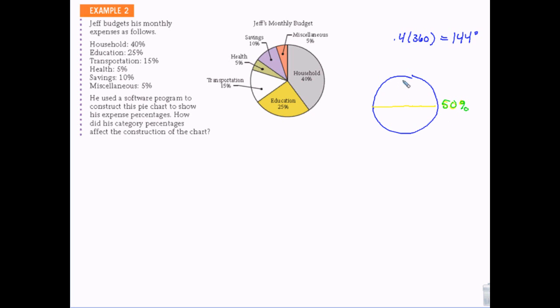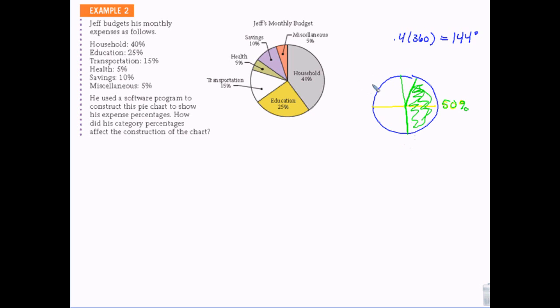And then this line right here, each of these sections is going to be 25%. Okay. 40% is going to be more than 25 but less than 50. So, here-ish would be about 40%.